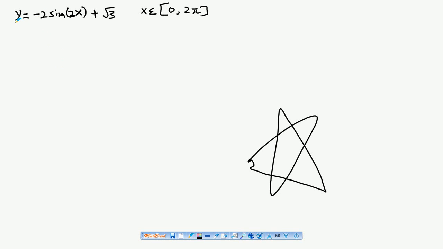Now say we have a question like this, and people ask me to draw a graph where the domain is from 0 to 2 pi. Now let's find its amplitude.